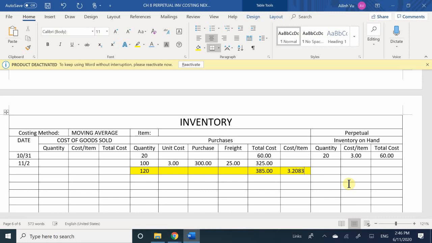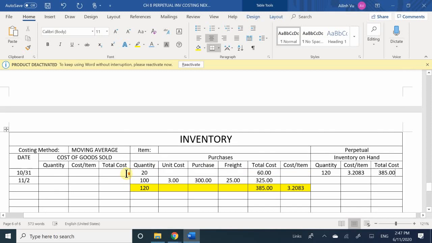Yes. Okay. And then now you could either cross it out or you can just update it. So this is now 120, and this is now 3.2083. That gives us a grand total of $385. Right. Okay.